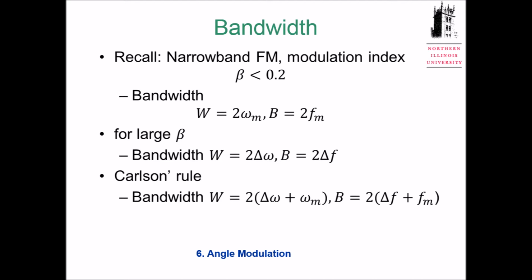If you are not sure, you use Carson's rule. For small beta, there is a hard threshold: less than 0.2 is narrowband. For a large number, use this one. In between, we use Carson's rule. If you are not sure whether it's large enough, you can choose Carson's rule.